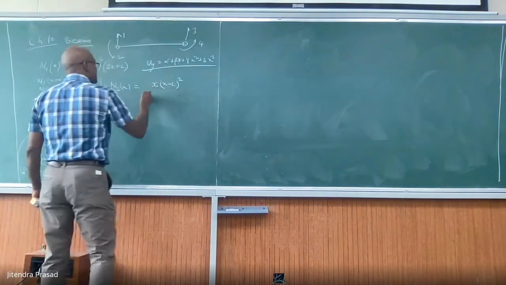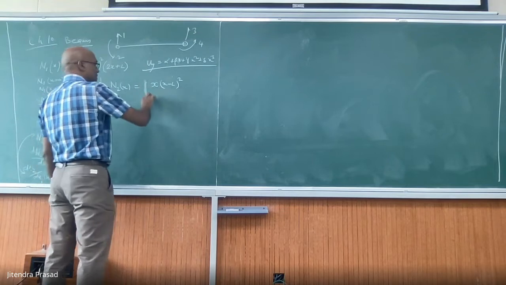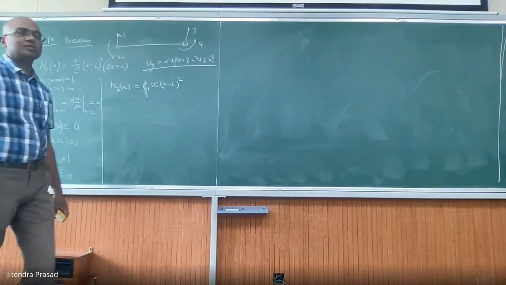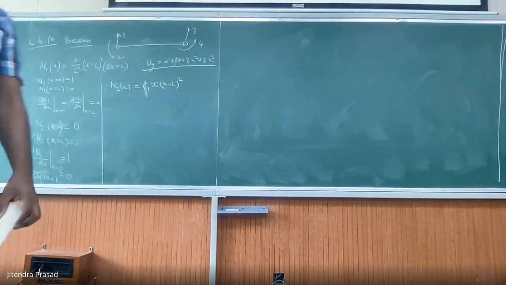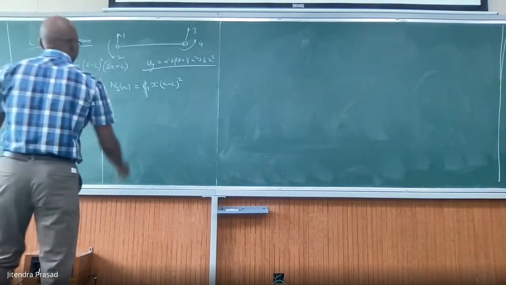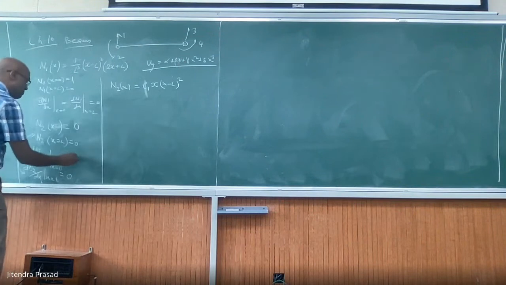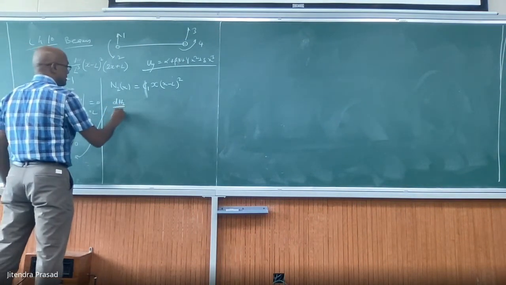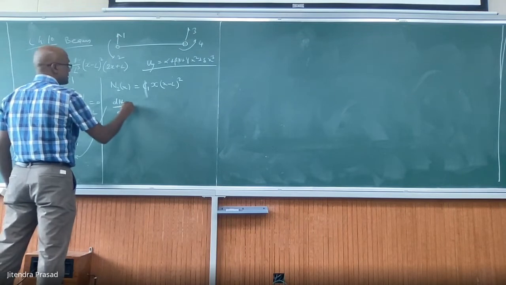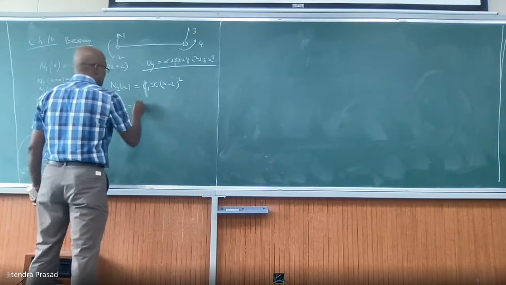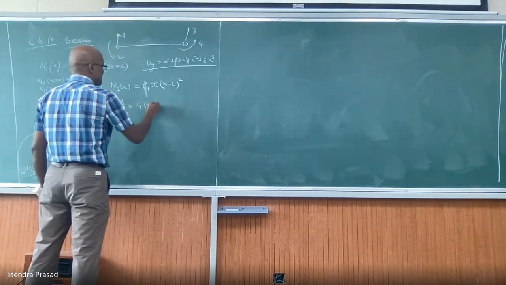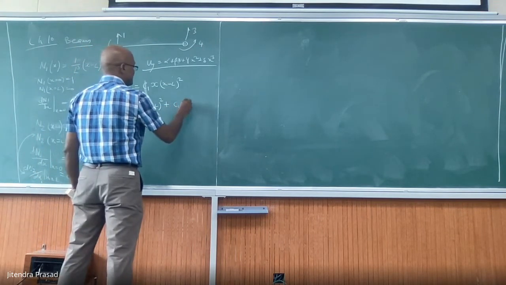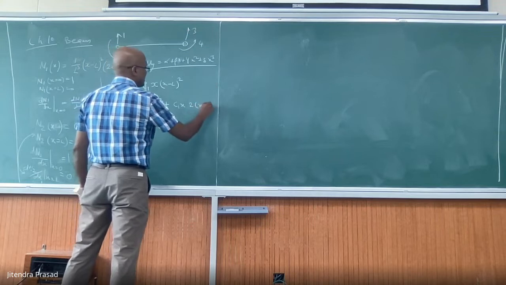And you say this is equal to C1, some constant C1. Now this we have to impose. So dN2 over dx is equal to C1 (x minus L) square plus C1 x times 2 (x minus L).